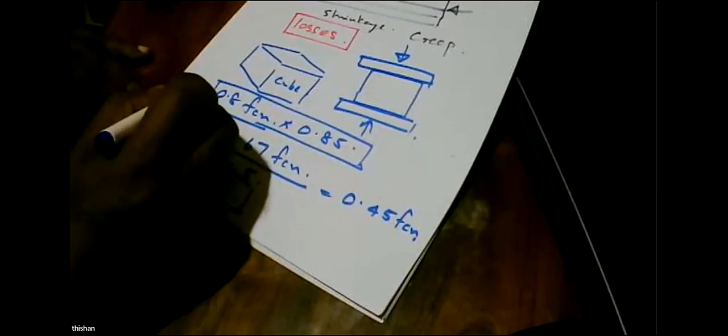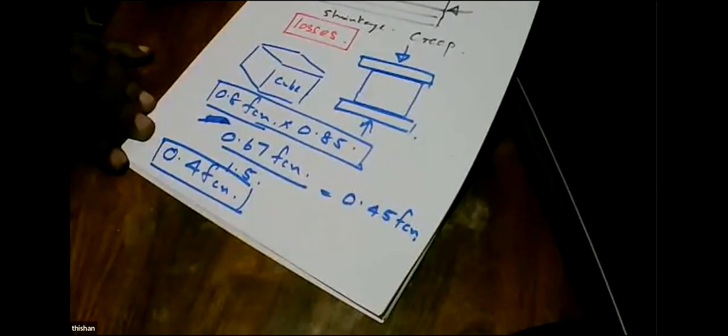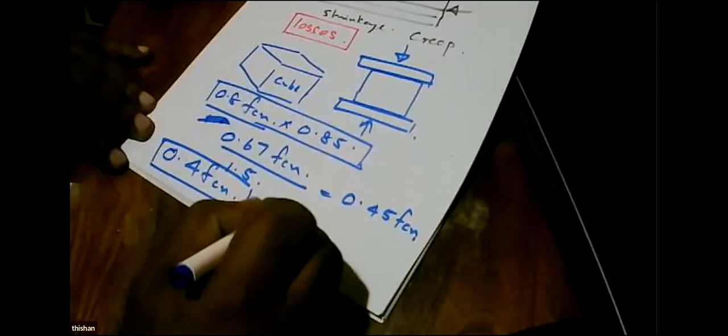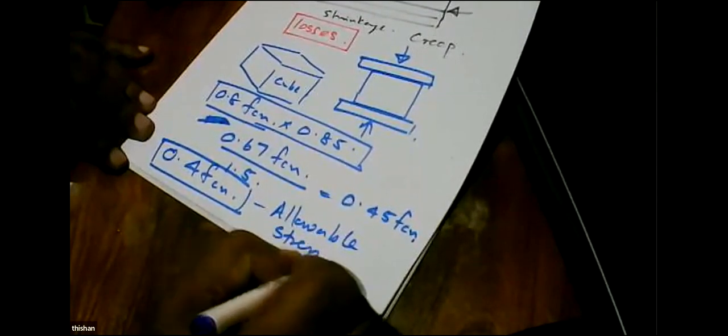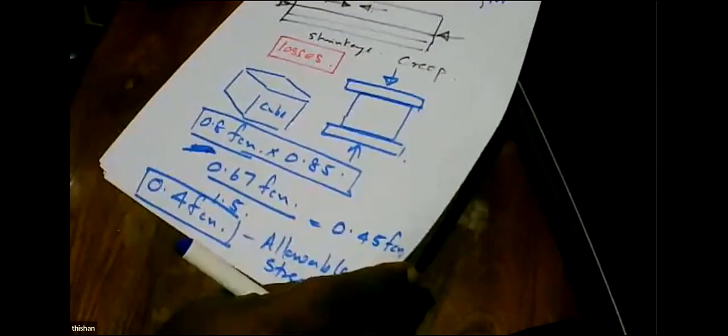So because we have this, the cube test is an overestimation of the strength. So this was the allowable stress under working conditions.